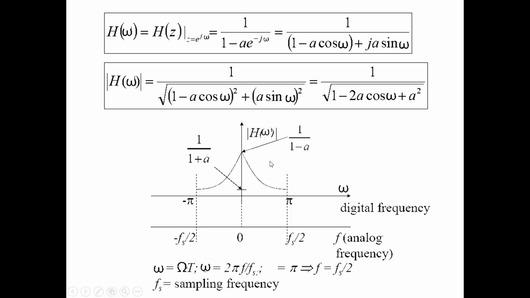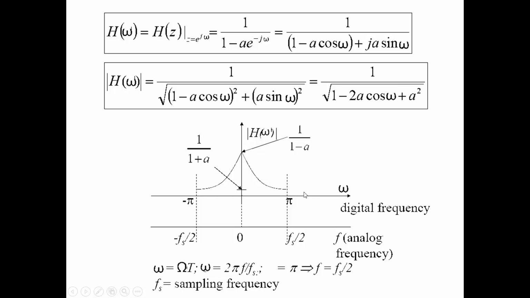Now if you see this graph, along the x-axis is small omega, which is the digital frequency. Along the y-axis is magnitude response. For omega equal to 0, if you put omega equal to 0 here, it will be 1 minus a whole square under root. So square will cancel with under root, and the value left is 1 over 1 minus a.